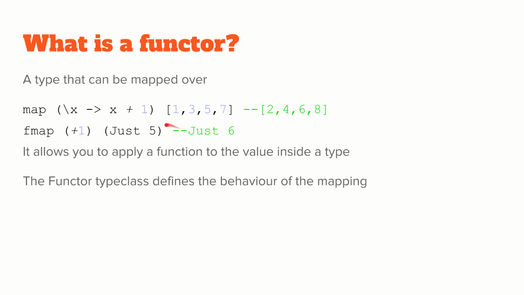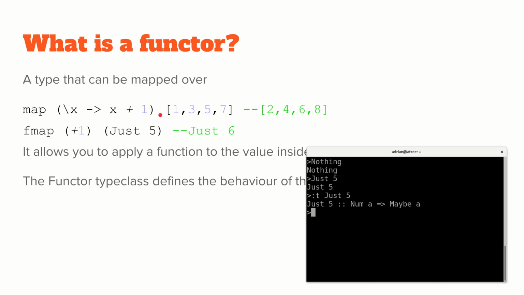So lists are functors because you can map them. So if I do map, and if I do +1, that's shorthand for there. So I'll write it out explicitly this time.